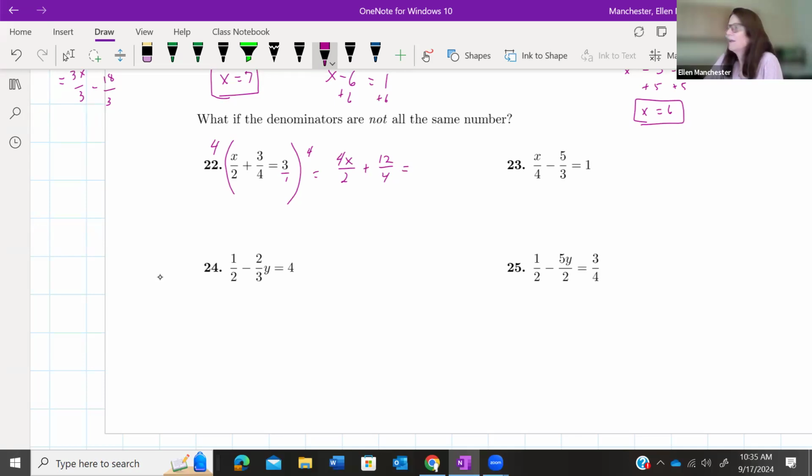Then multiply. Yeah. So that's just an added step that you don't necessarily need. Just remember, you're distributing this 4 through every piece. So it's equals 12. 4 times 3 is 12. And then I'll reduce where I can. So I get 2x plus 3 equals 12. And now I'm at a 2-step equation.